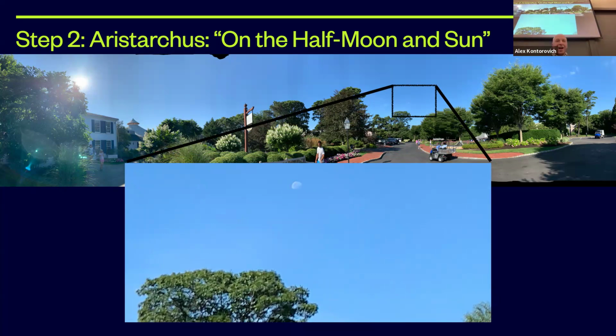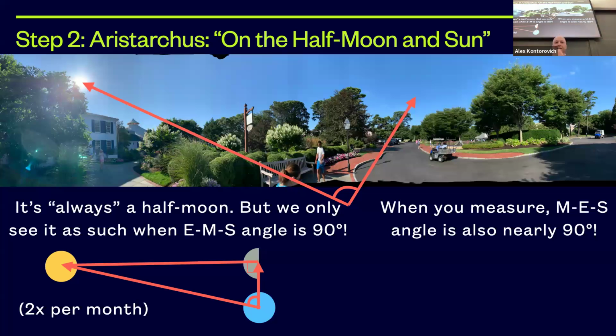at the same time. And so what Aristarchus says is, what does it mean that you're seeing exactly a half moon? There's always this triangle between the moon, the Earth, and the sun.